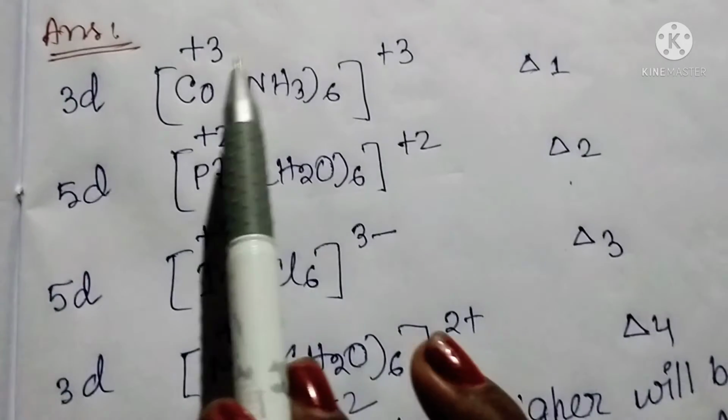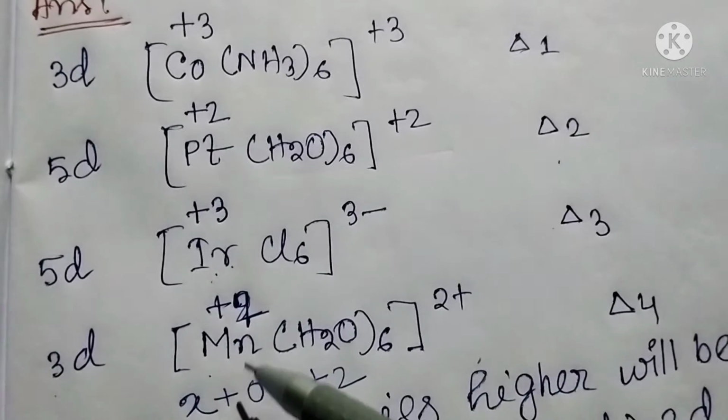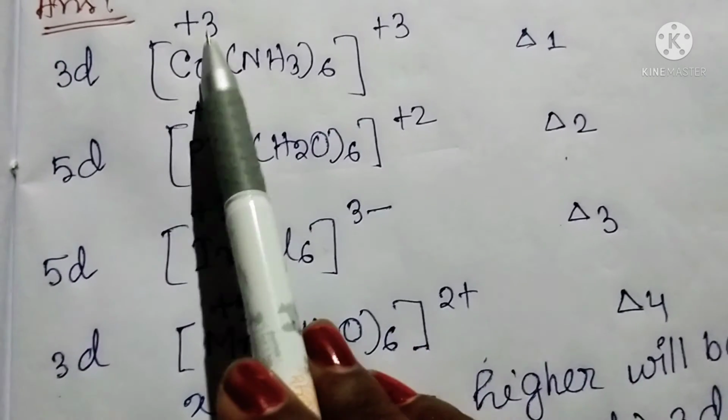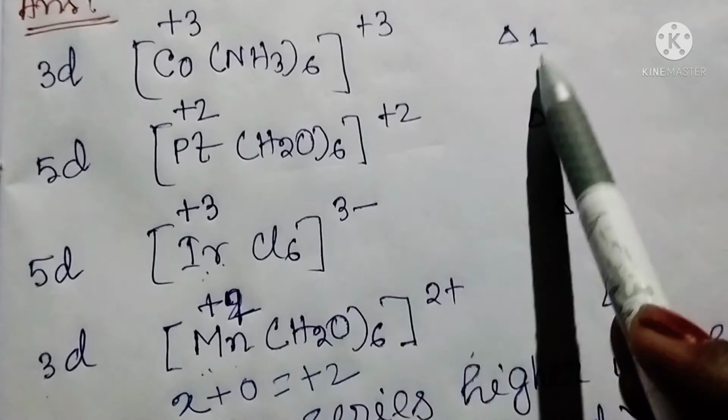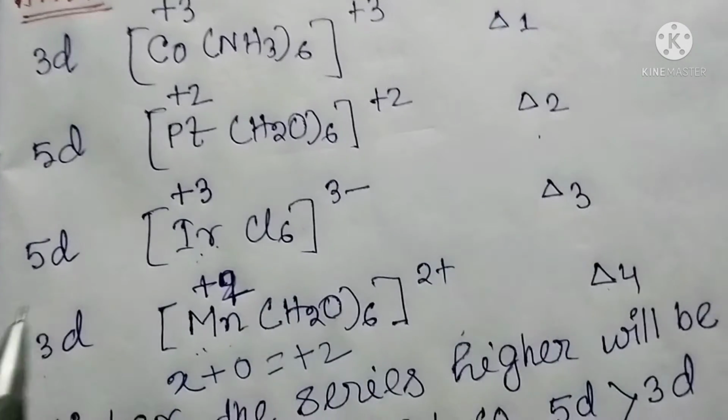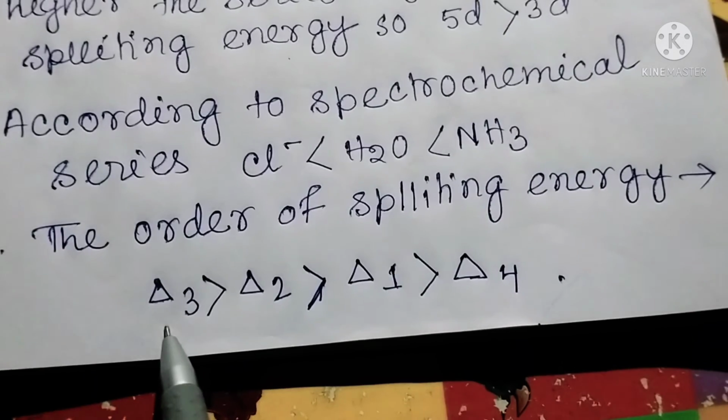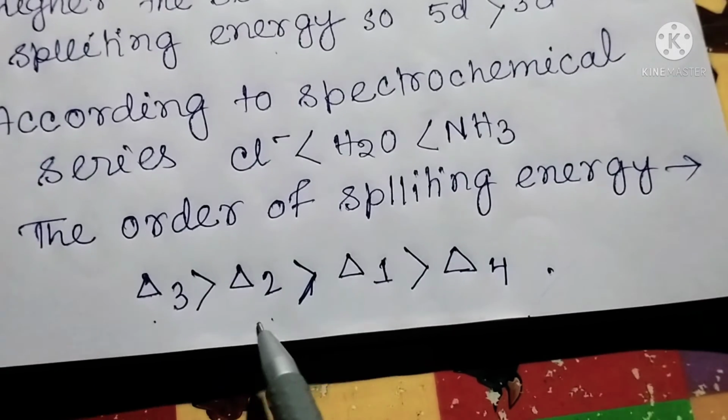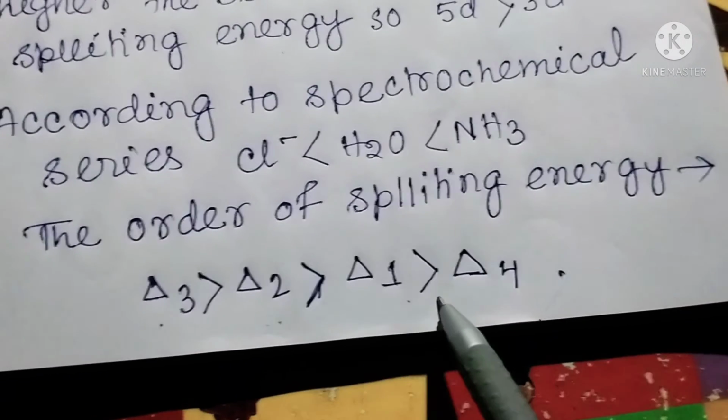And between these two, cobalt and manganese, the oxidation state of cobalt is greater than manganese, so delta 1 greater than delta 4. Hence we get the order of splitting energy: delta 3 greater than delta 2 greater than delta 1 greater than delta 4.